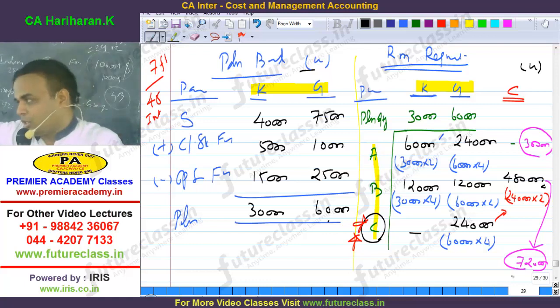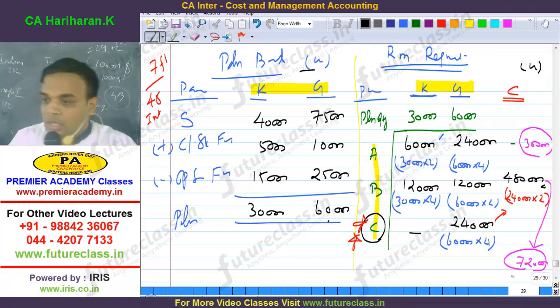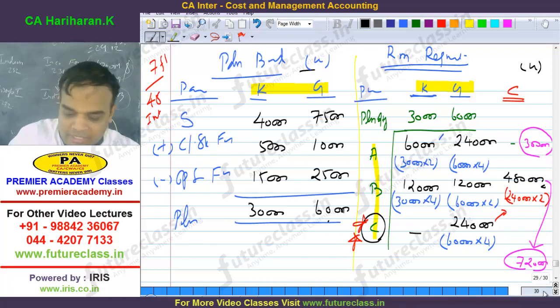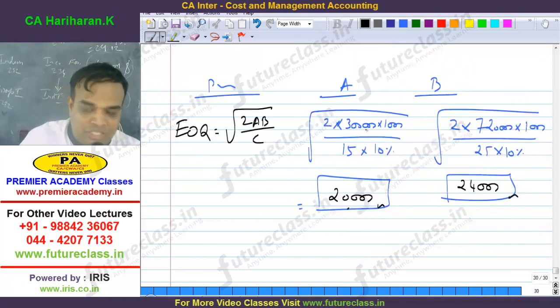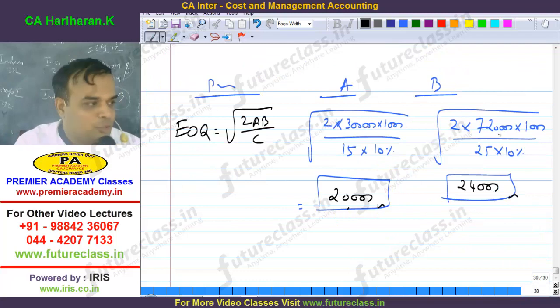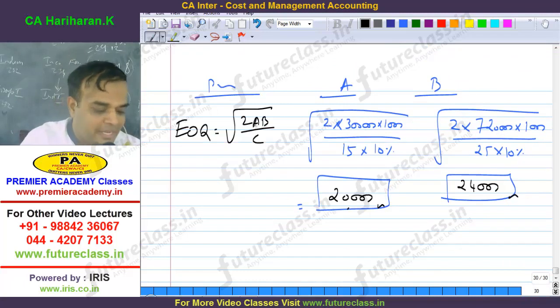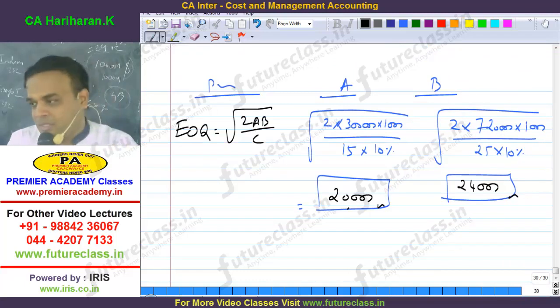Production budget next year. But suppose instead of next year, it is given for next quarter, for example, then 3 lakhs into 4, 7,20,000 into 4. Why? A represents annual requirement.